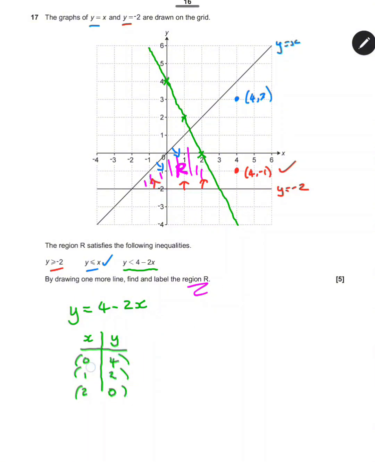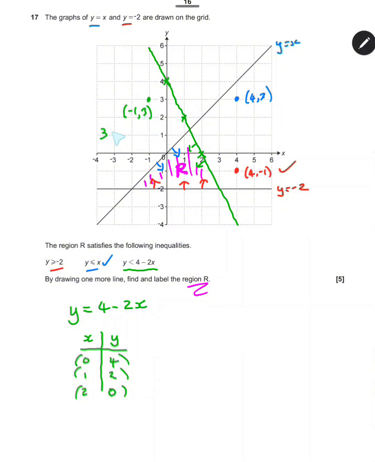And we can do a final check. I don't think it's necessary at this point. But if we pick any point on this side of my line, because that's where I'm looking to come for the region, this is the point -1, 3. And I'm looking to check, is y less than 4 take away 2 x's?